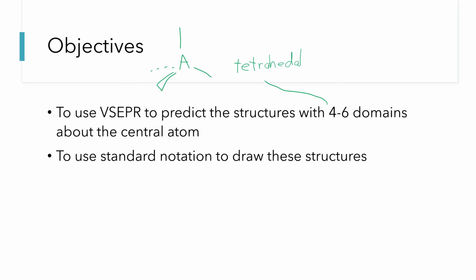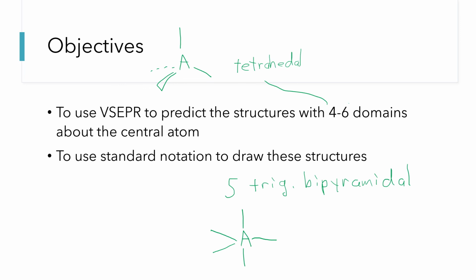In the case of 5 domains, we called that trigonal bipyramidal. And with the trigonal bipyramidal, we have 2 different types of positions. We're going to have the axial positions that go up and down, and then the equatorial positions, which are basically forming an equilateral triangle perpendicular to the axial positions.